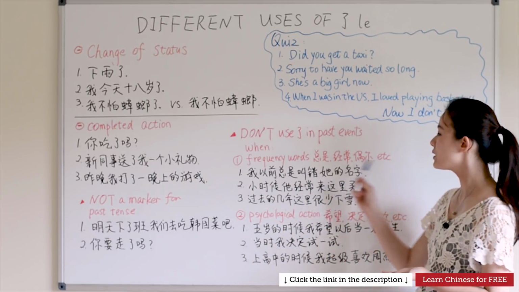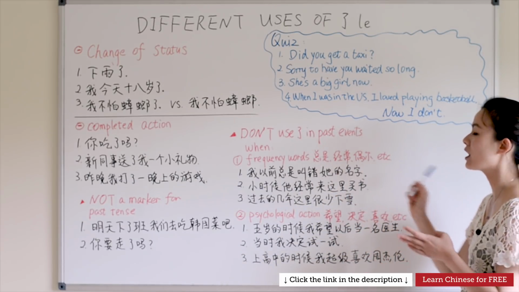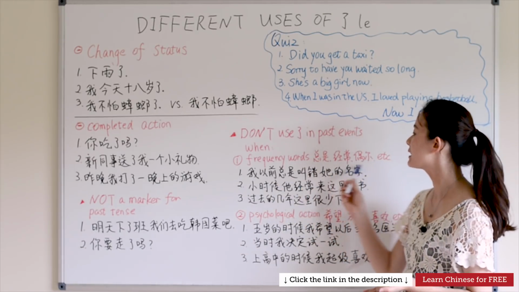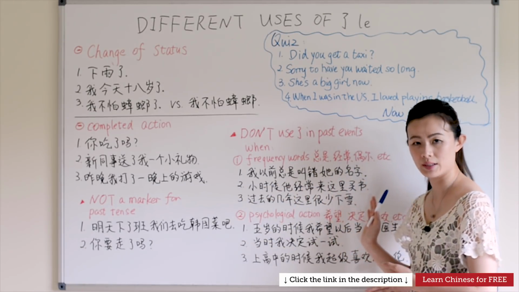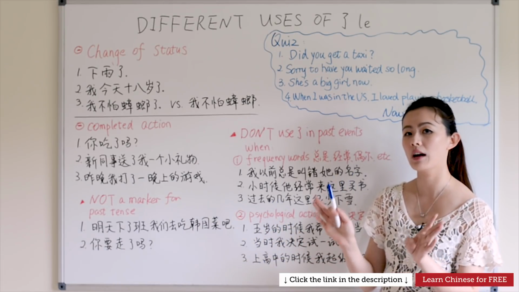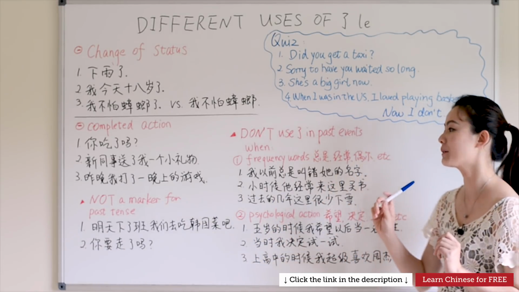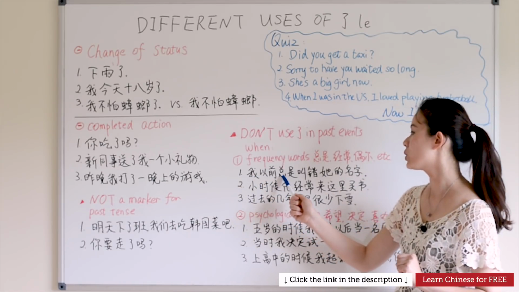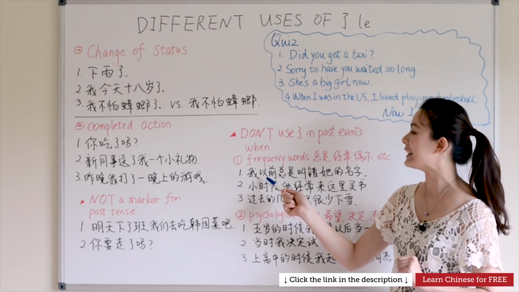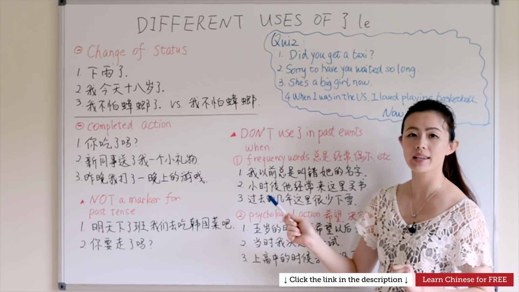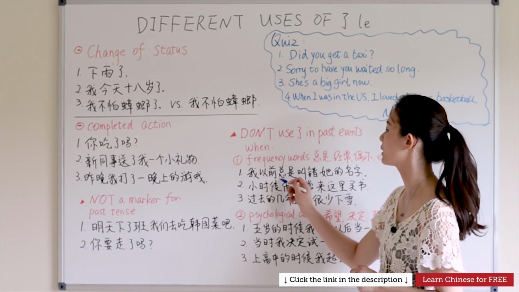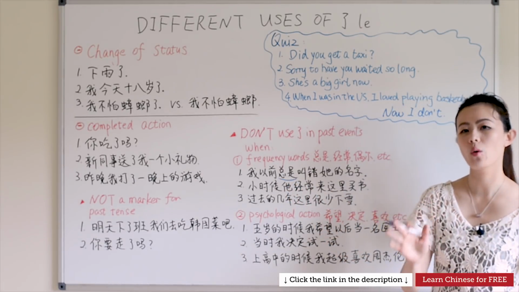So some words like that that talk about the frequency of time. When you see that, and when the whole sentence is describing something that happened in the past, you don't want to use 了 after the verb. For example, 我以前总是叫错他的名字。我以前 means in the past. 总是 is the frequency word here. 总是, always.